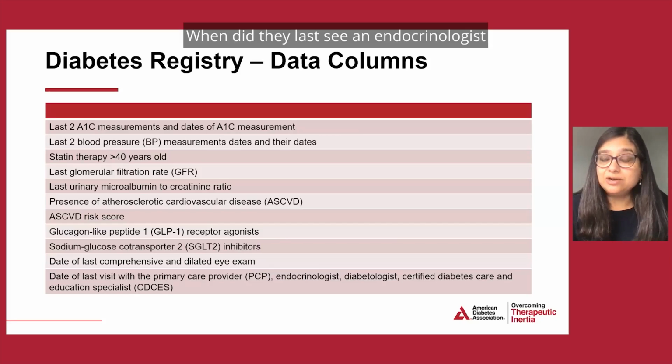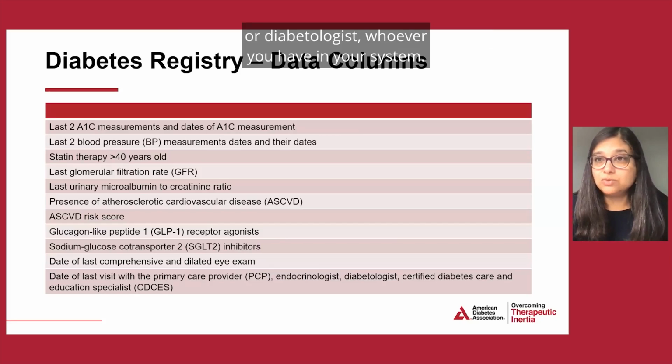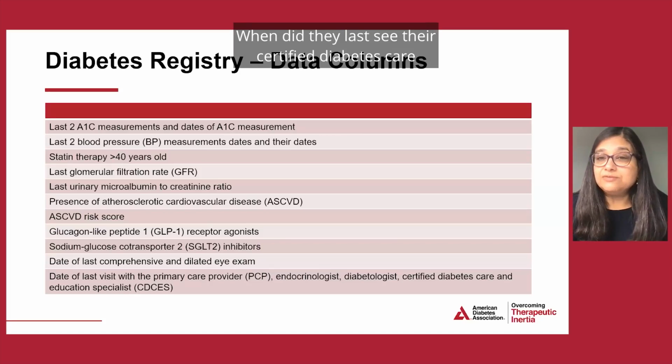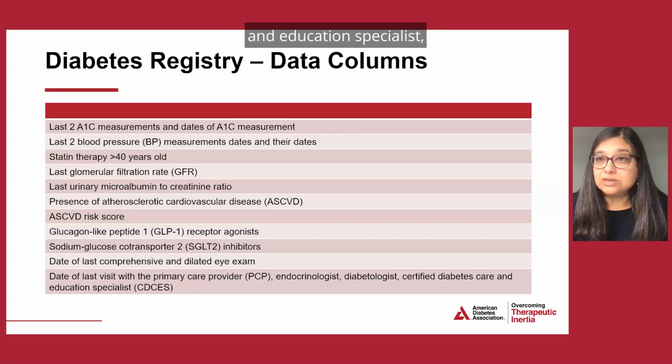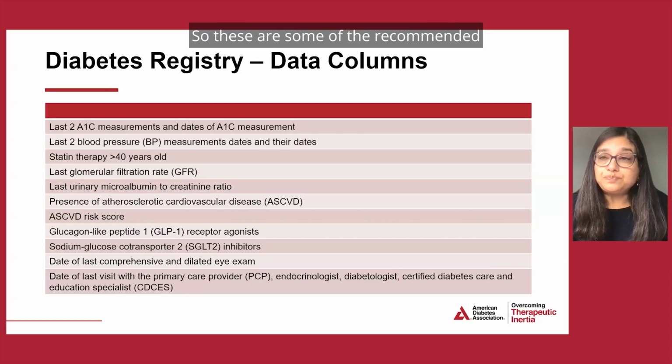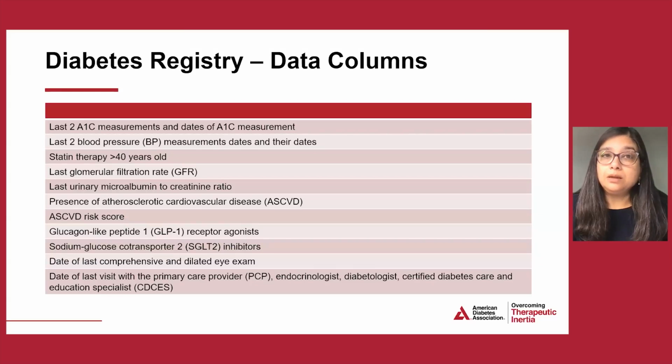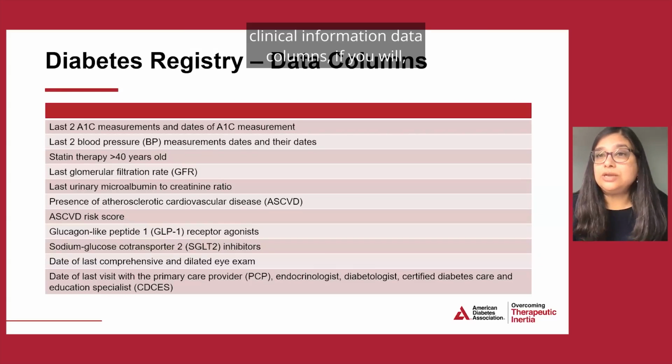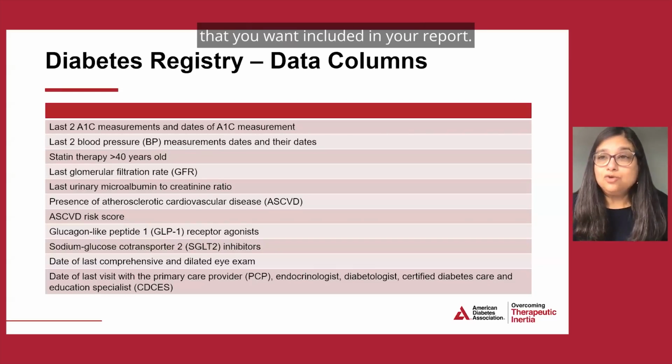When did they last see an endocrinologist or diabetologist, whoever you have in your system? When did they last see their certified diabetes care and education specialist? Because that's a big component of diabetes care as well. So these are some of the recommended clinical information data columns, if you will, that you want included in your report.